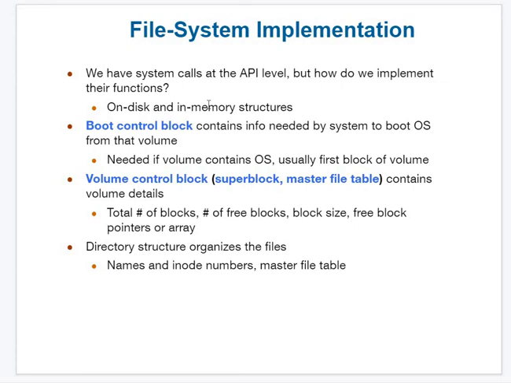This OS content is stored in the on-disk boot part. The part which controls the boot function is called the boot control block. Boot means the first part of a system which gets executed whenever we start a system.